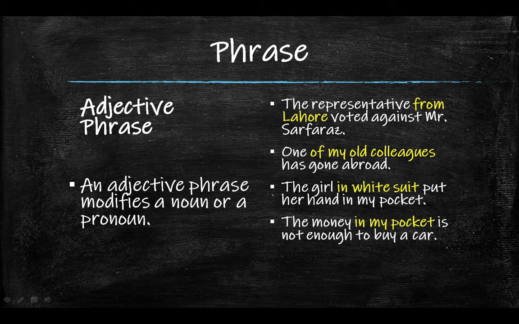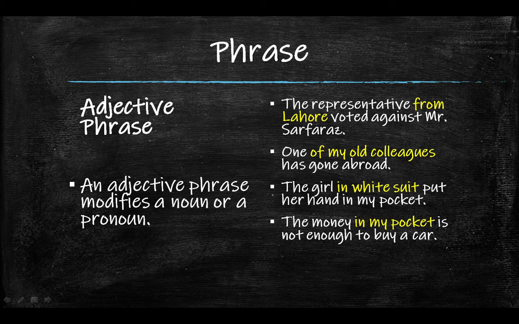It's not telling us which hand the girl put in my pocket. No, it has got nothing to do with the hand. It's not explaining that previous noun. What is its function in this third sentence? Where did the girl put her hand? Where was the action of putting performed? In my pocket. It's indicating the place of the action in sentence number 3.